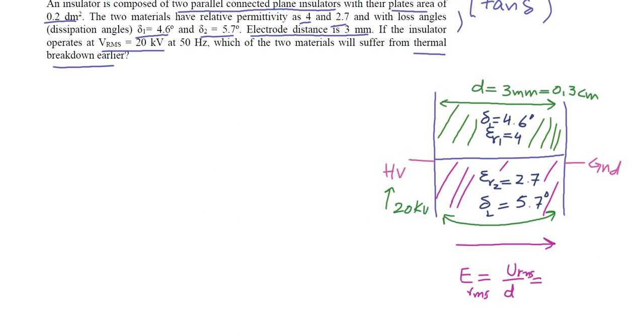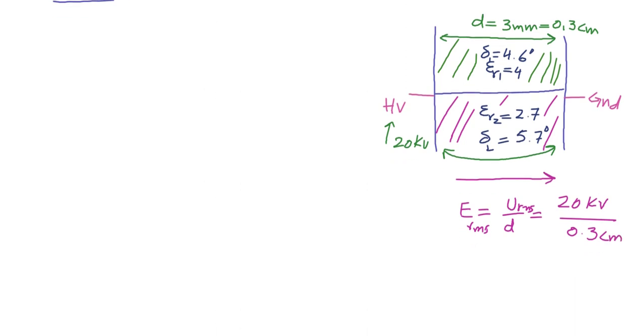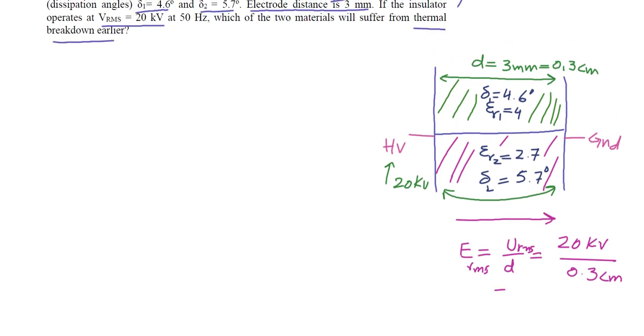Our given values are already RMS, so we will use the same, which is 20 kV divided by the gap distance, which is 0.3 centimeters, which will give us the electric field equal to 6.67 into 10 raised to the power 4 volts per centimeter.